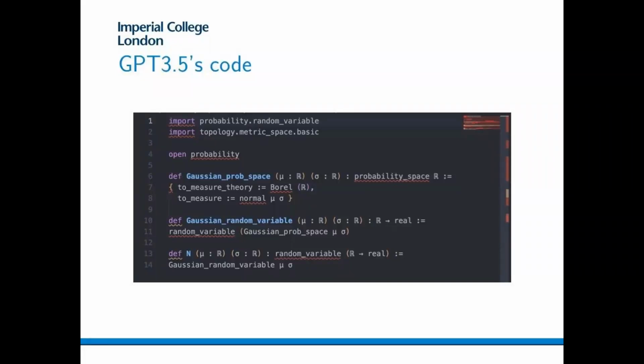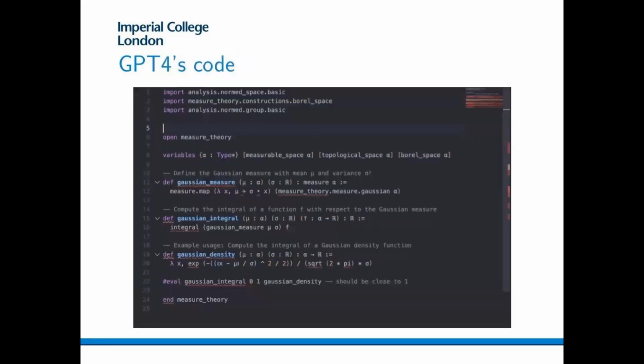They assume that we have proved some theorems in Lean, but actually we haven't done it in Lean. So we got a lot of errors. And although we still get many errors in ChatGPT 4's code, they really improved the structure, and it looks more reasonable, but still lots of errors.